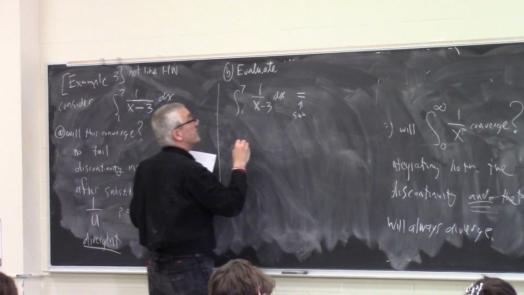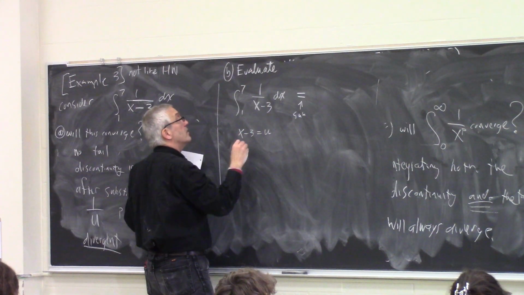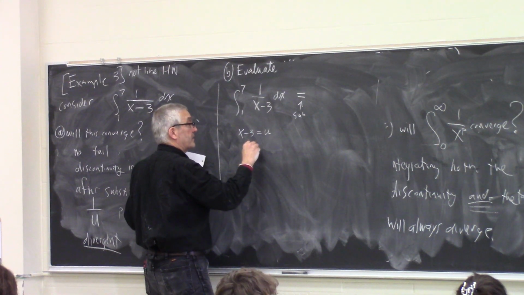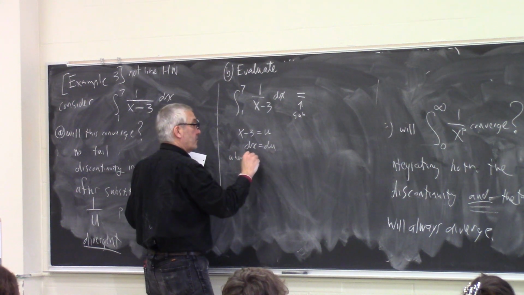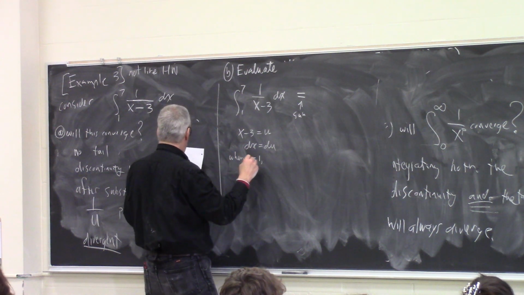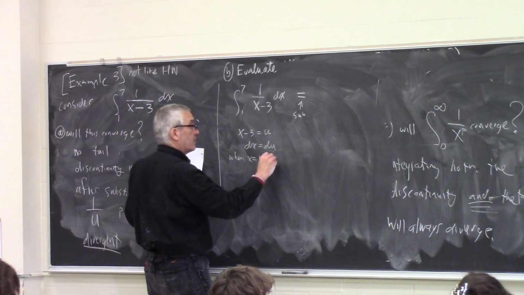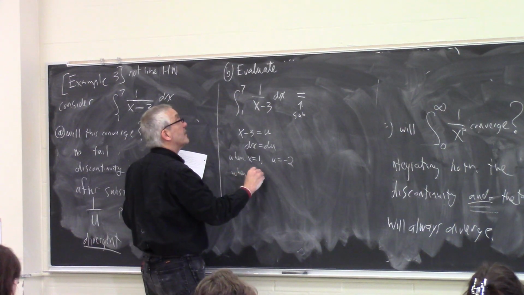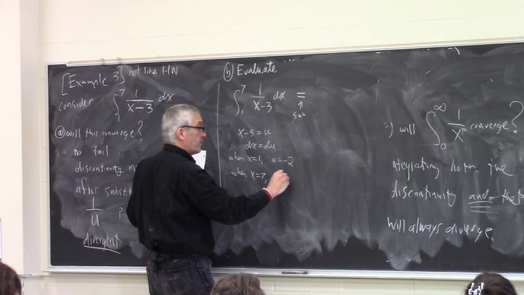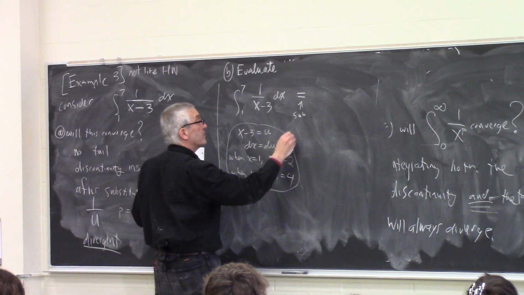The substitution is going to be that x minus 3 is going to be my u, and then dx is going to be the same as du. When x equals 1, u equals minus 2, and when x equals 7, u equals 4. So all of that goes into this substitution.